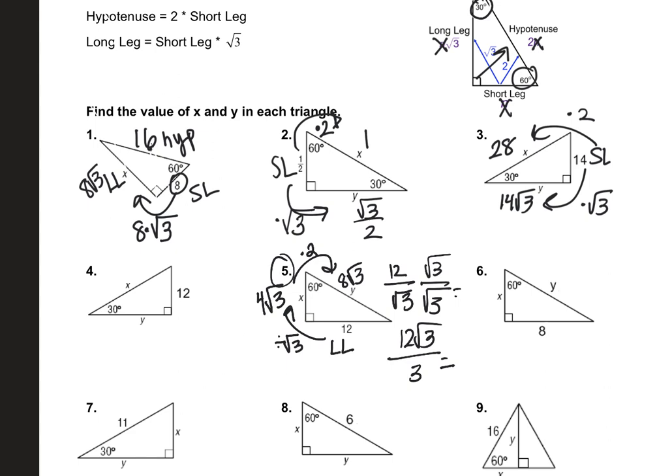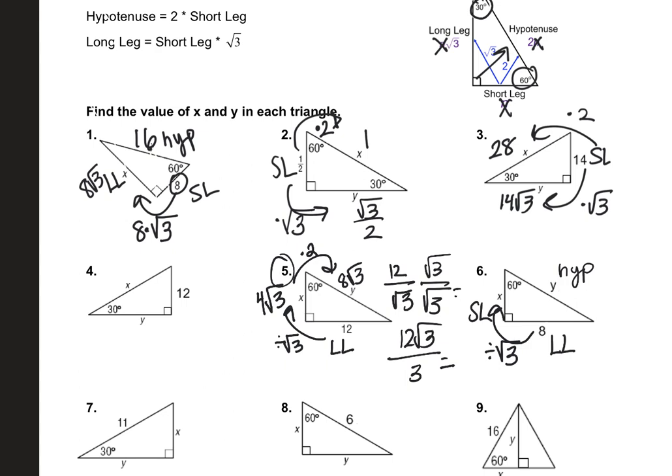Number 6 is the same way. They're giving you what? Long leg. That means short leg is which variable? And hypotenuse is y. So once you figure out which sides you have, you can use the correct pattern to find the rest. So how do we go from long to short? Divide by radical 3.